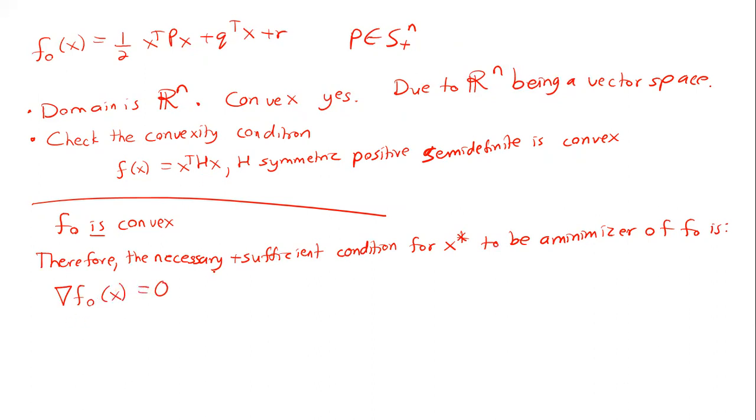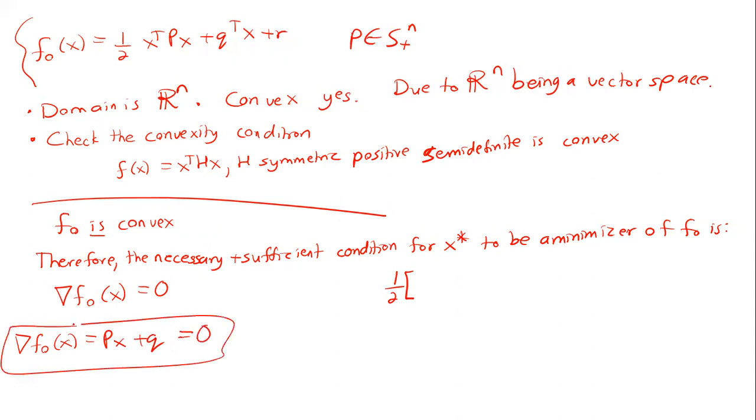And so then we can say, okay, so what does that mean for this objective function? How can I write the gradient of f0 of x? Well, you can convince yourself that it takes the following form. The gradient f0 of x is equal to Px plus q, and this would have to equal 0. So this is a condition that we're looking for.